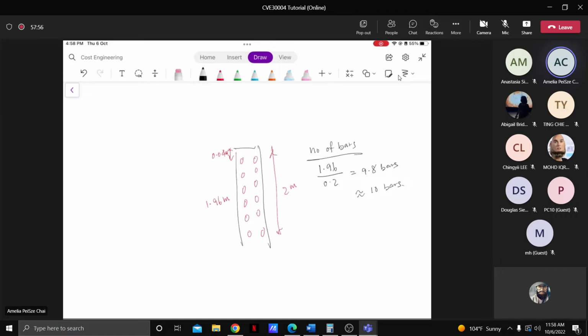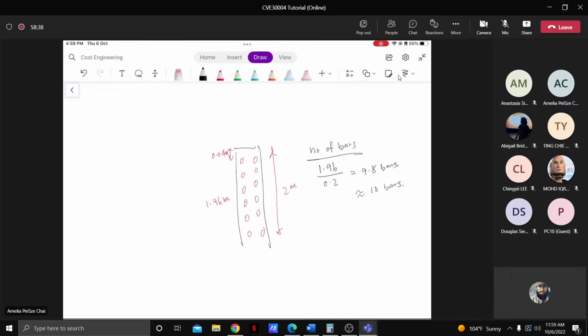So we can assume this one is 12 meters one, this one is the 3 meters. Okay? This one, base, no problem. The problem is on the wall. Then your wall, for top view, you can see something like this. Then you have your reinforcement inside here.